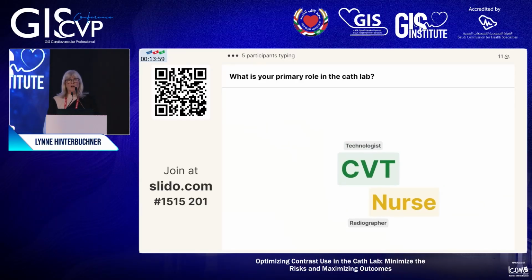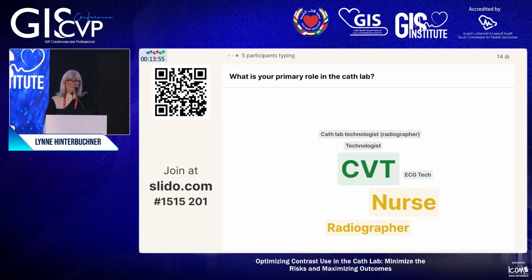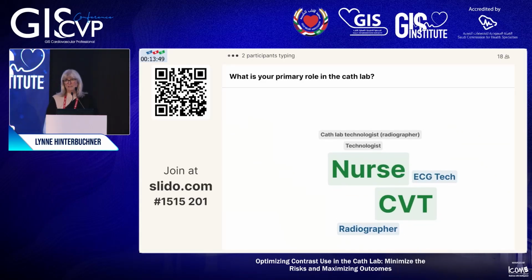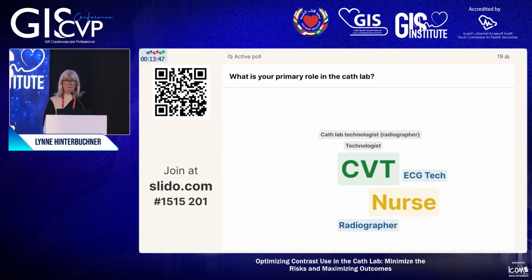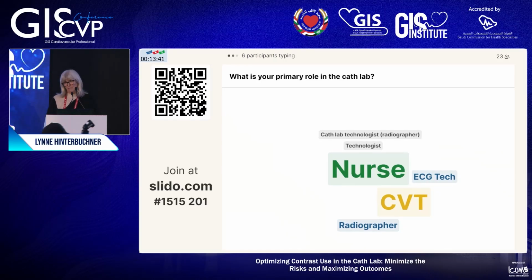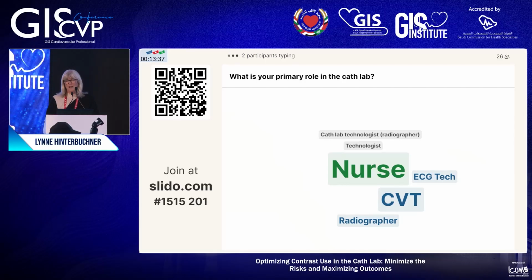So you can see we all have different roles in the cath lab. So how important is it to monitor your patients and monitor the risk? You can see there's quite a bunch. The nurses are progressing as the largest group within the audience. Oop, now it's the CVTs. So you see there's quite a lot of professional roles of people working in the cath lab. And that's why you have the lovely name of CVPs here at this conference.